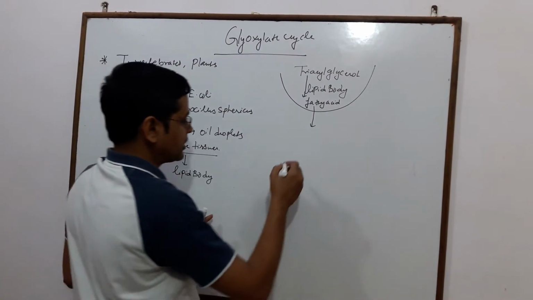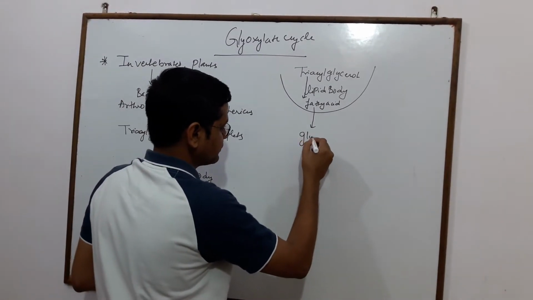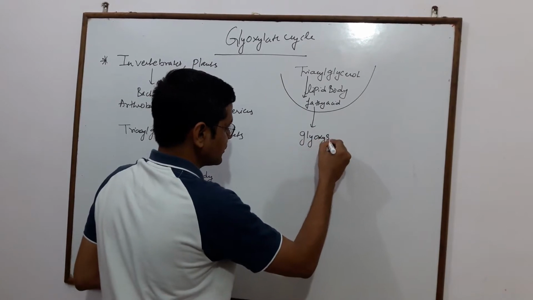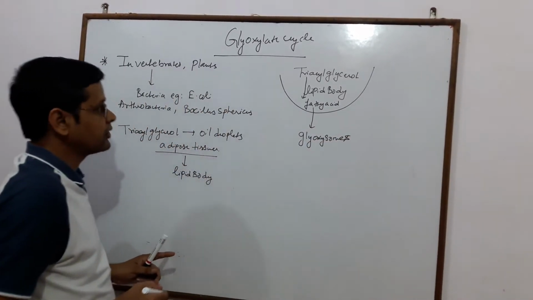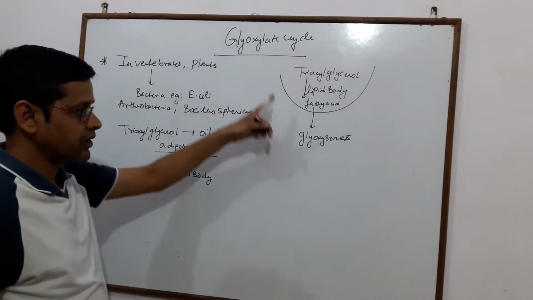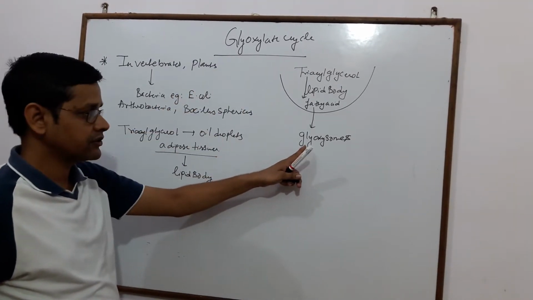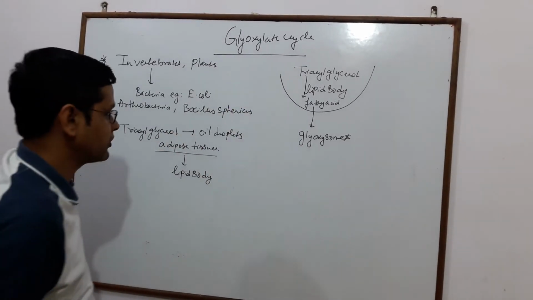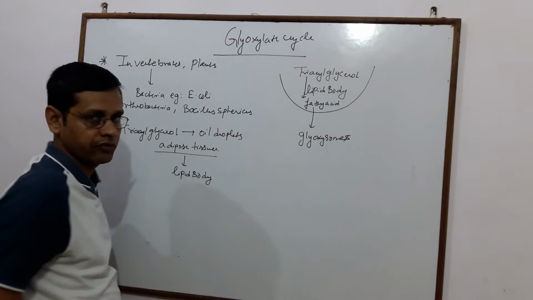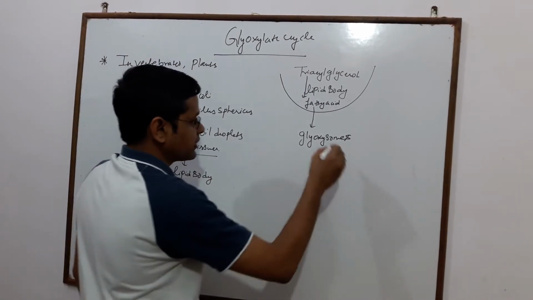That is called the glyoxysomes, where this cycle occurs. This is the cell organelle where the glyoxylate cycle is occurring in the case of plants and bacteria.